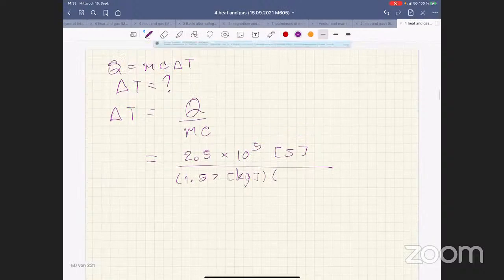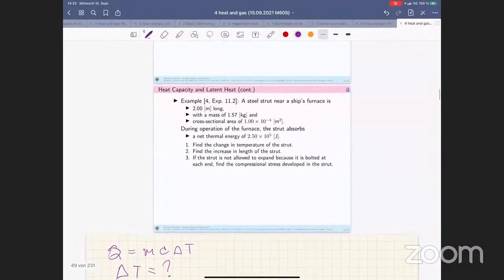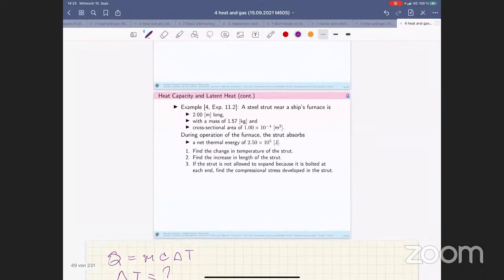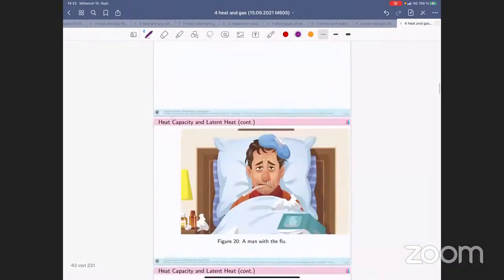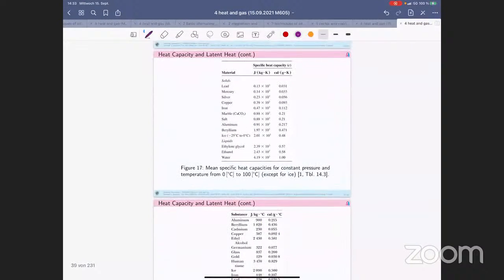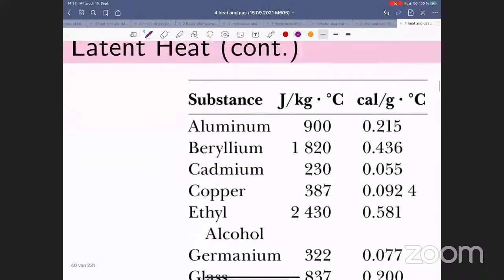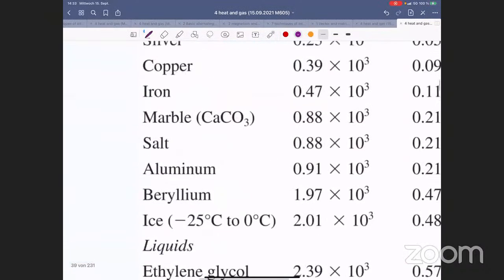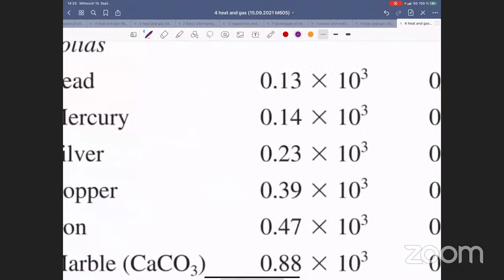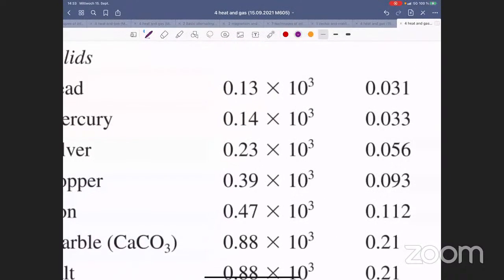And C, which is the specific heat of the steel. I assume the steel is made of iron, so we go to the table for iron, which is this one. Okay, 448. Or you can use the value from this table, 0.47 times 10 raised to 3.